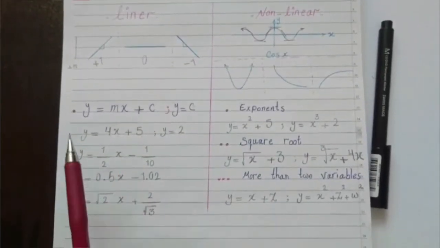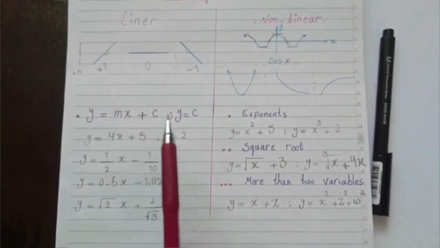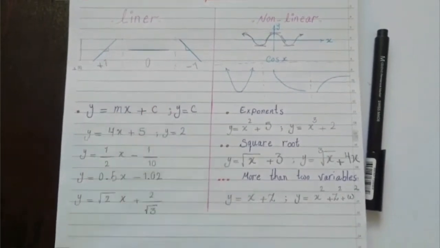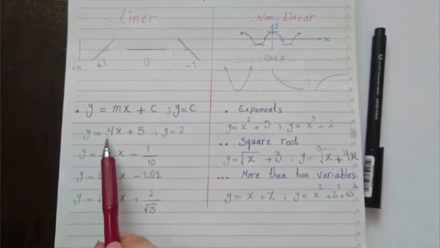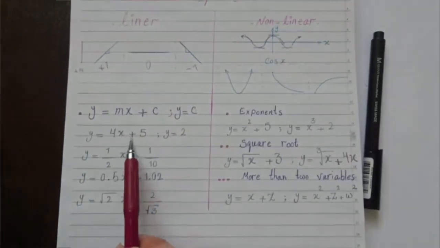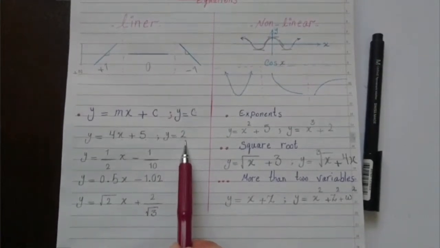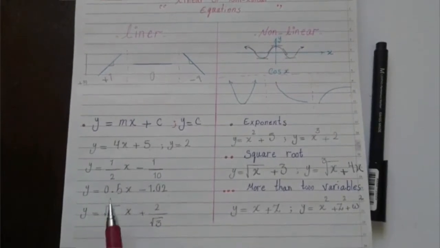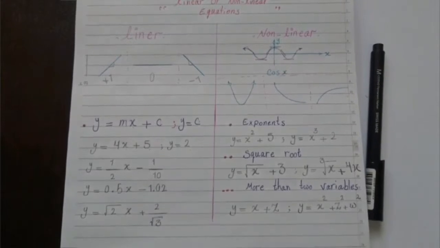Everything that can be written as y is equal to m times x plus c, or in another form y is equal to c, is considered to be a linear equation. For instance, y is equal to 4 times x plus 5, or y is equal to 2. Our equations might contain fractions, decimals, or a square root of a number, or cube root of a number.